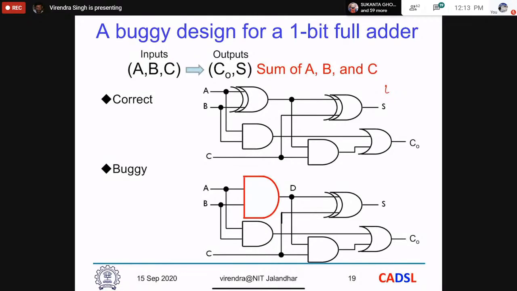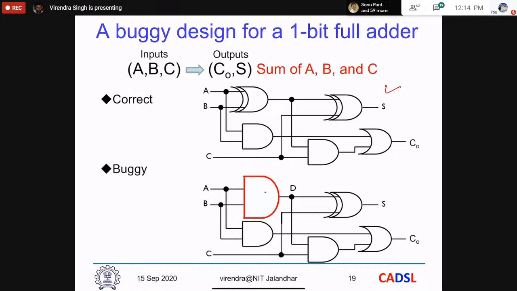Now while writing maybe my VHDL or Verilog code, I made this mistake and made this an AND gate in place of an XOR gate. And now I will see whether I can correct this or not.